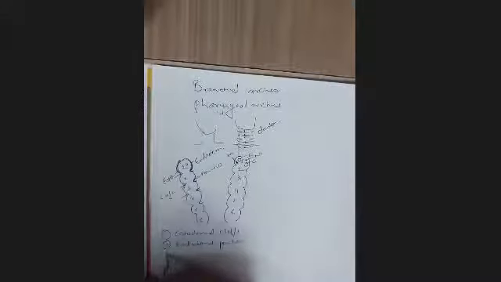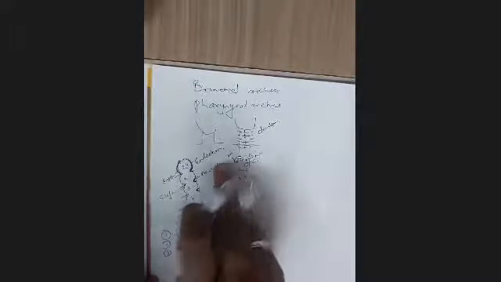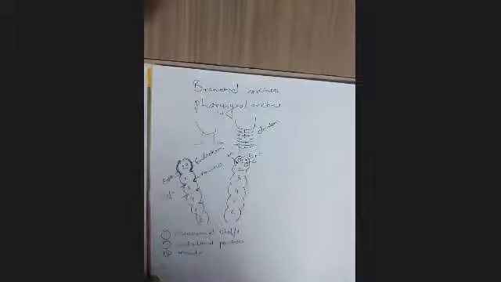Whenever we study each arch, we study the muscles. The muscular component will give rise to some muscles, these muscles will be supplied by a nerve, then there will be cartilage, and then there will be an artery also.